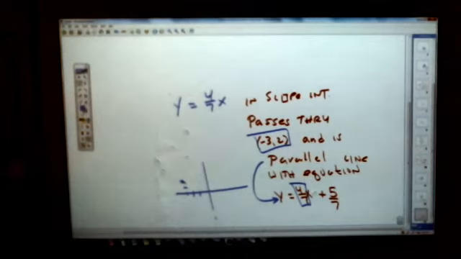So how am I going to figure out where it crosses the y-axis? Ooh. Did you say you don't? I will entertain any knowledge. We will sit here until PE is completely over if I can't get somebody to give me a wild guess.